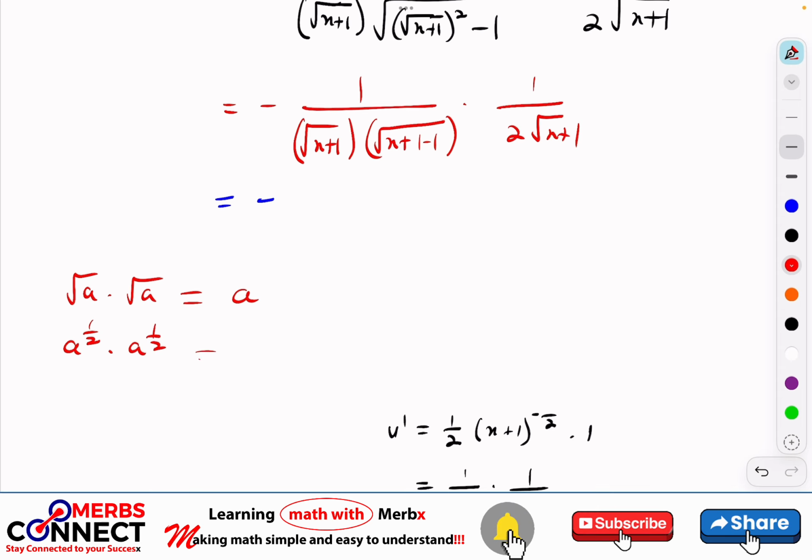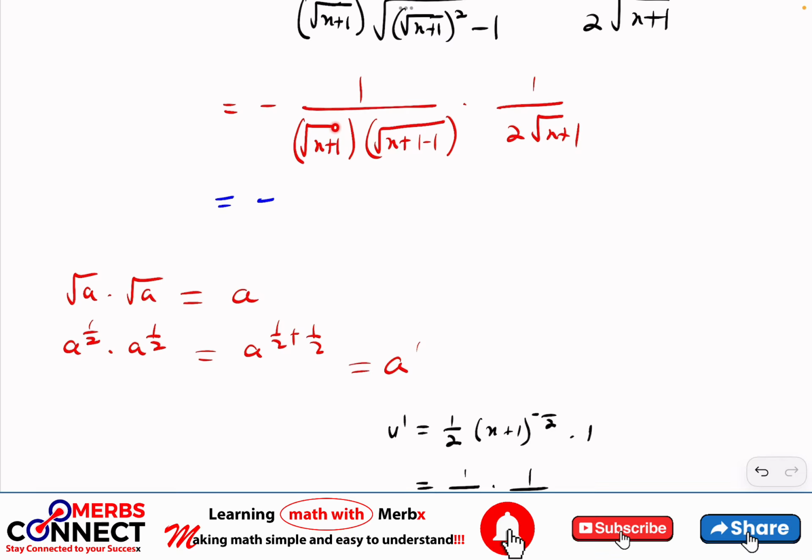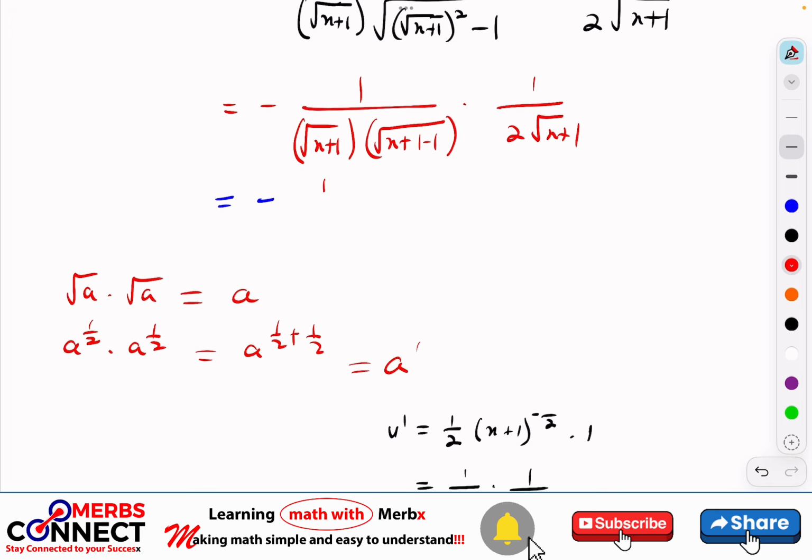Using indices, this is a to the power 1 over 2 plus 1 over 2, and 1 over 2 plus 1 over 2 is 1, so it's just a. So when I multiply square root of x plus 1 and square root of x plus 1, it just gives me x plus 1. So this is going to give us 1.